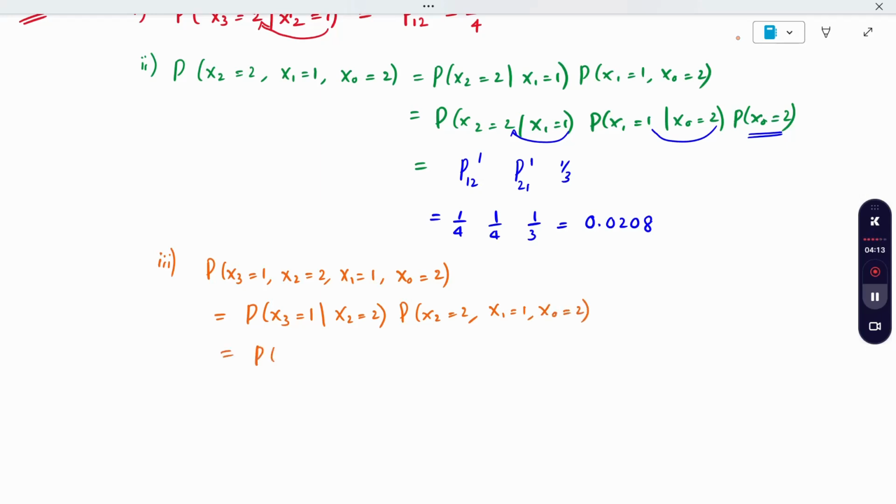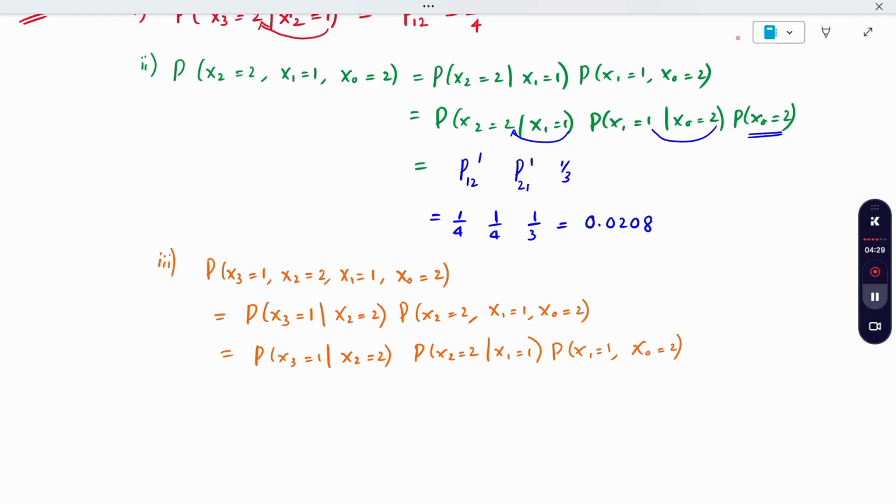So probability of x3 equal to 1 given x2 equal to 2 into probability of x2 equal to 2 given x1 equal to 1 into probability of x1 equal to 1, x0 equal to 2.